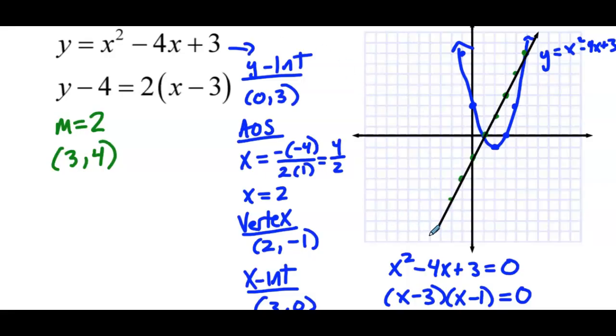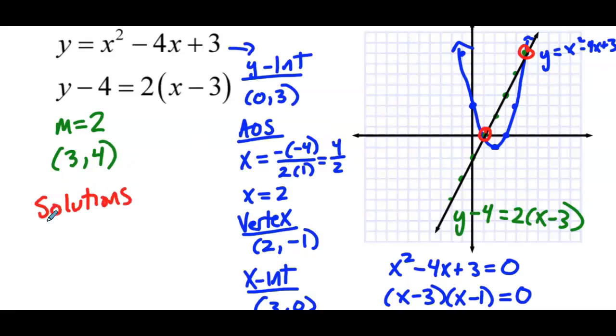So that's the line y minus 4 equals 2 times x minus 3. So they intersect at 2 points, here and here. So our solutions, that first point is 1, 0, and the second point is 5, 8.